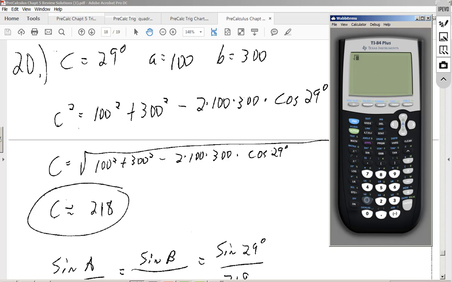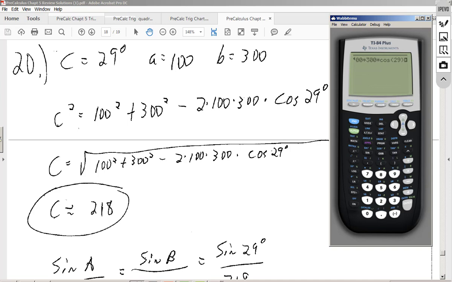Now we're going to type in 100, and we've got that squared plus 300 squared, and that's going to be minus 2 times 100 times 300, and times the cosine of 29 degrees.